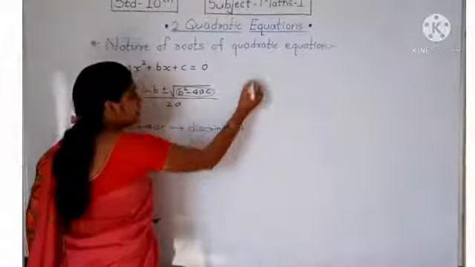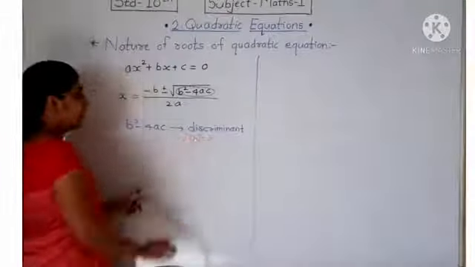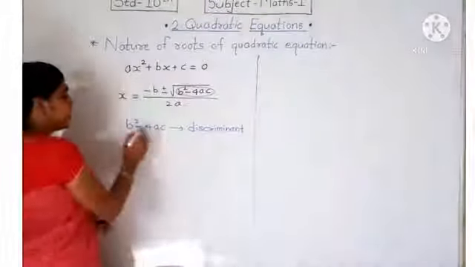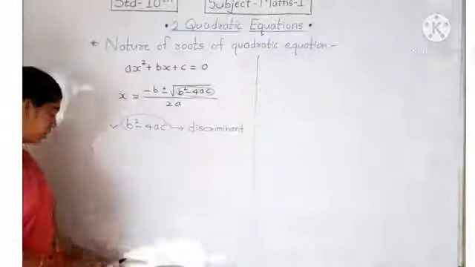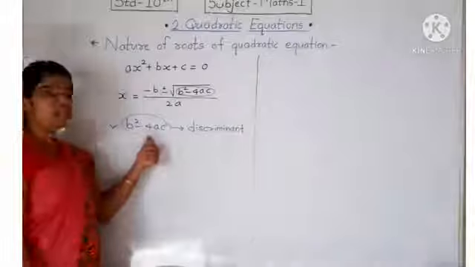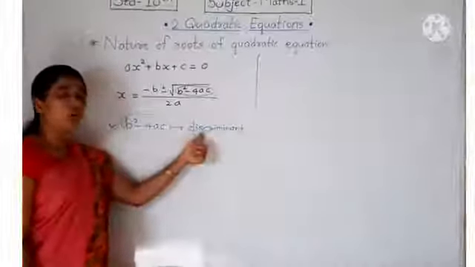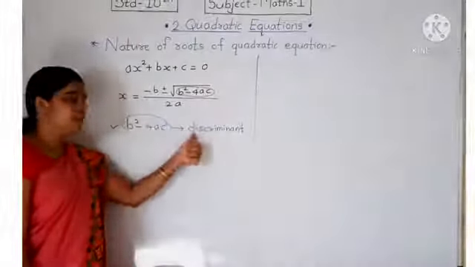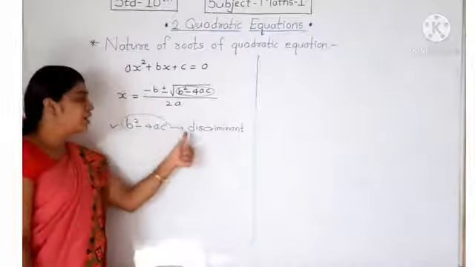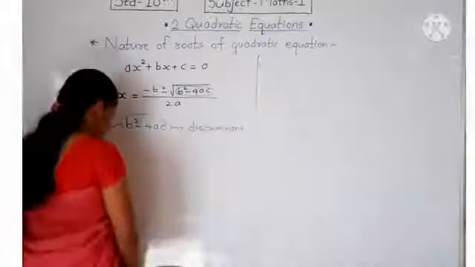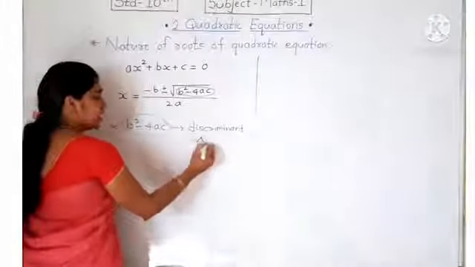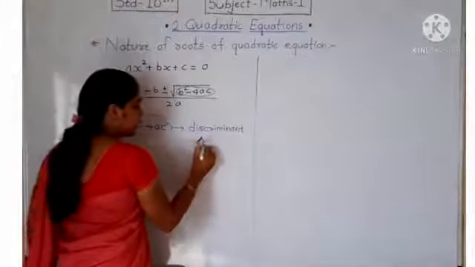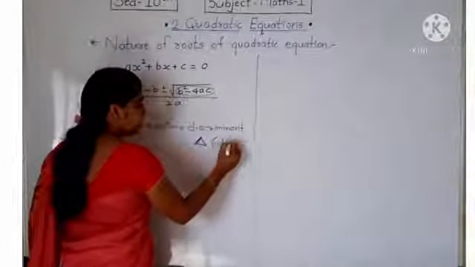The nature depends on the value of the discriminant. B square minus 4ac is called discriminant, or we call this as delta. This triangle we call it delta.